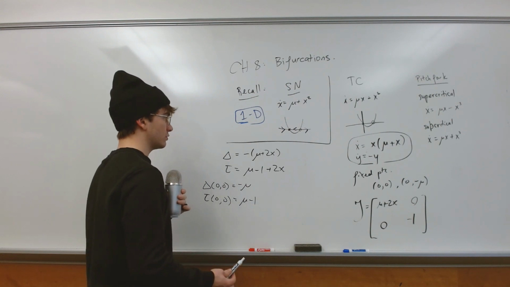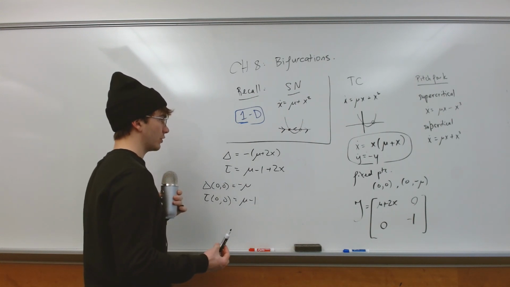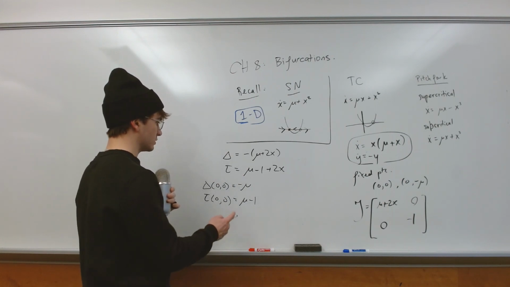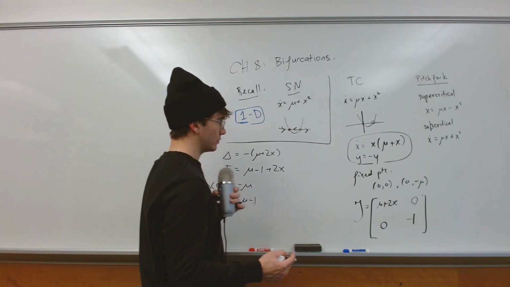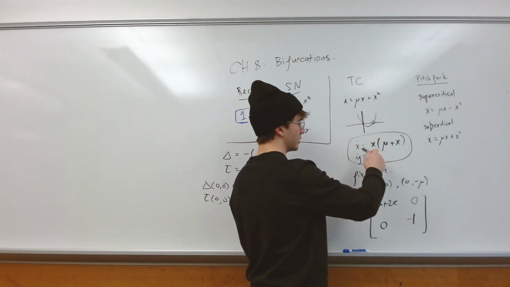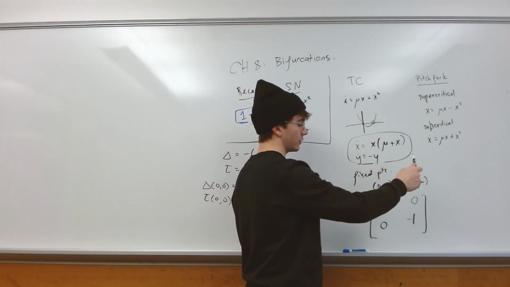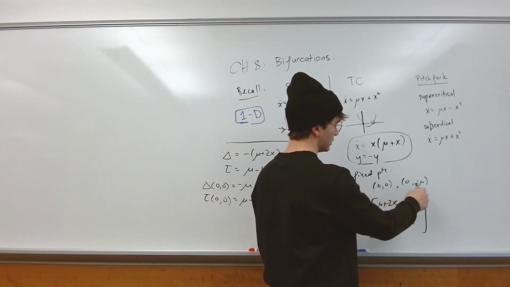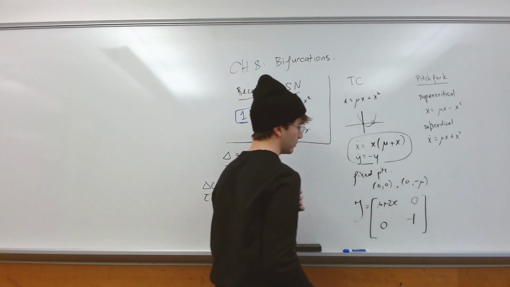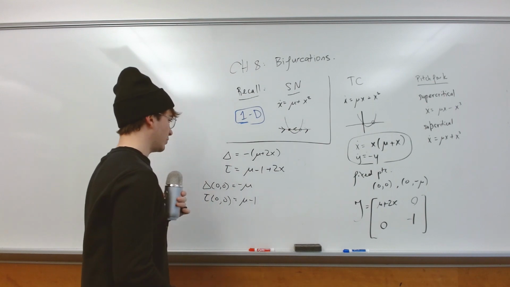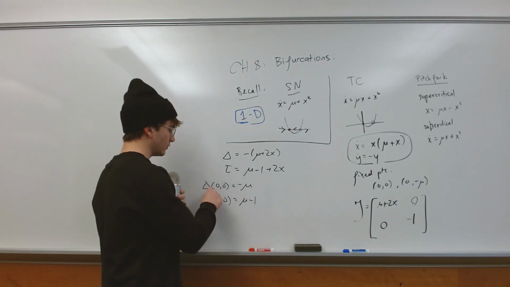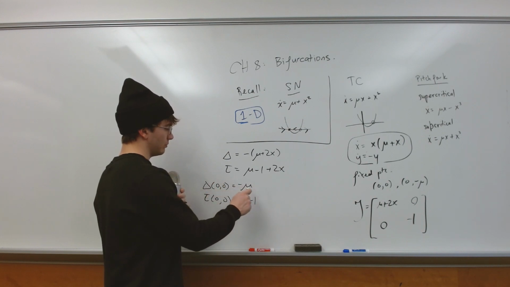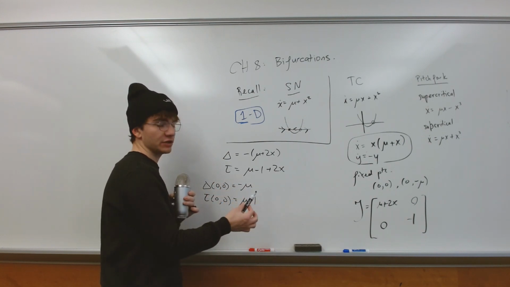Okay, so notice how my critical point for mu is, if we go back to the system, the bifurcation occurs at what value of mu? Well, precisely at mu equals 0. Okay, and at mu equals 0, this determinant is going to change from positive to negative.